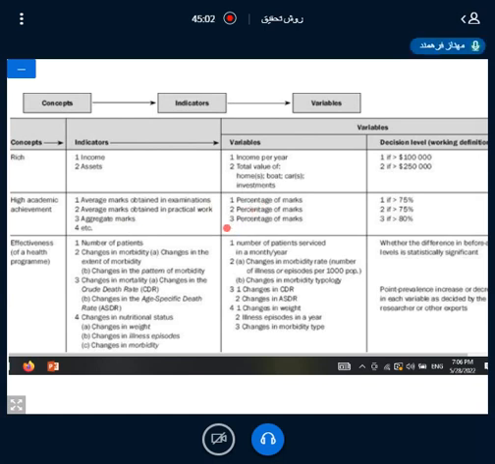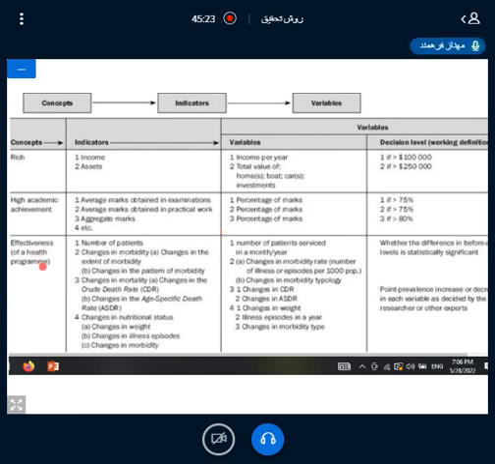And here you can see the variables will be percentage of marks. So for these three indicators, we have percentage of marks, for example, 75% or 80% or more.